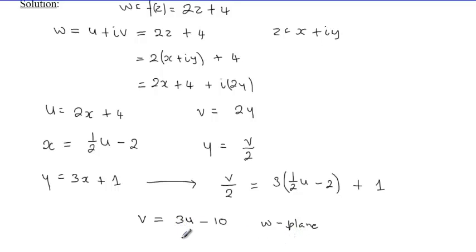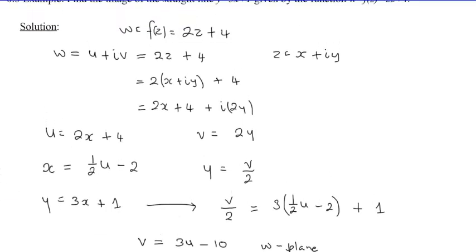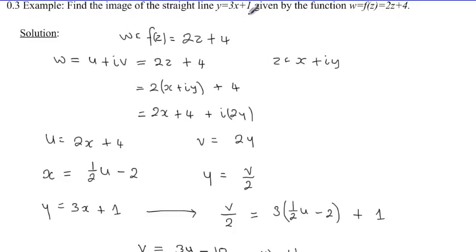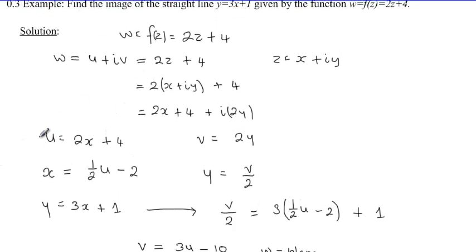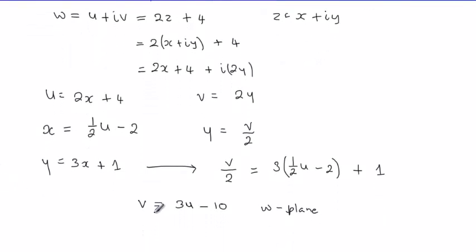But what we can gather more immediately is that the line y is equal to 3x plus 1 is transformed to a line v is equal to 3u minus 10. So the change has been in the intercept on the vertical axis. The gradient is maintained.